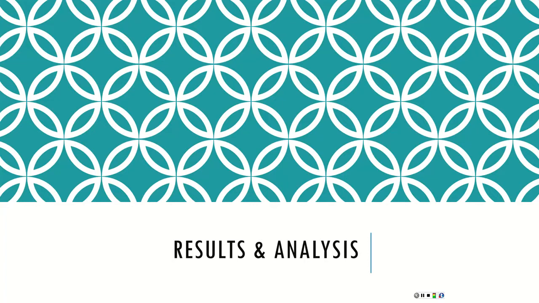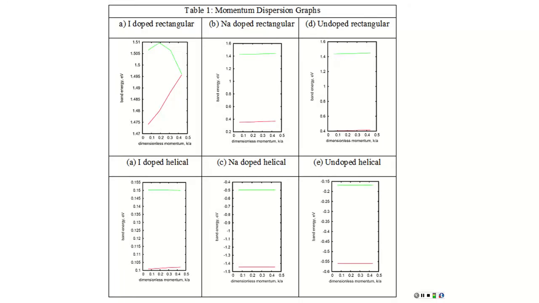Okay, now for the meat of my presentation, which are the results and analysis. The first thing I have here is momentum dispersion, band energy on the y-axis, momentum on the x-axis. As you can see for graphs B, C, D, and E, they're mostly horizontal.